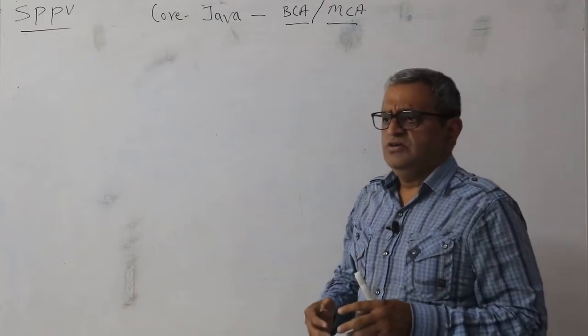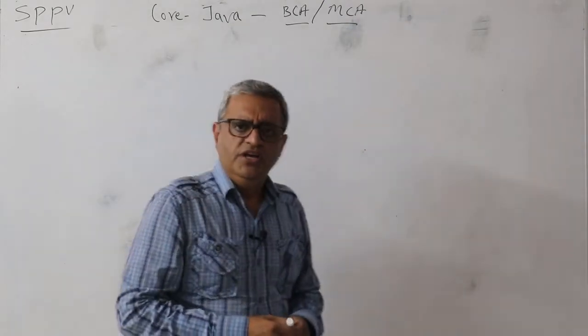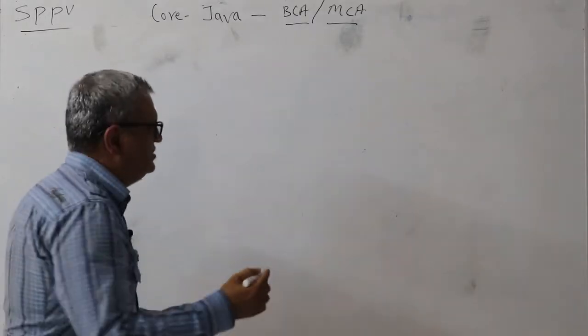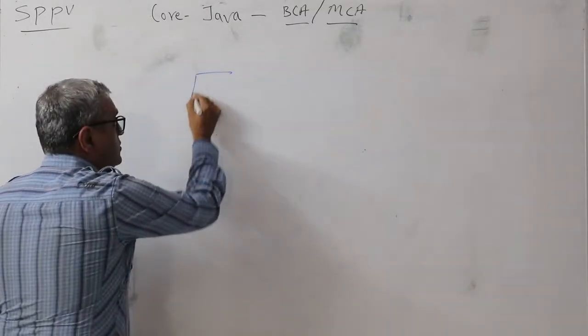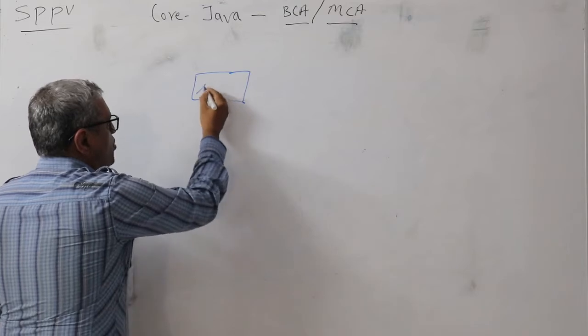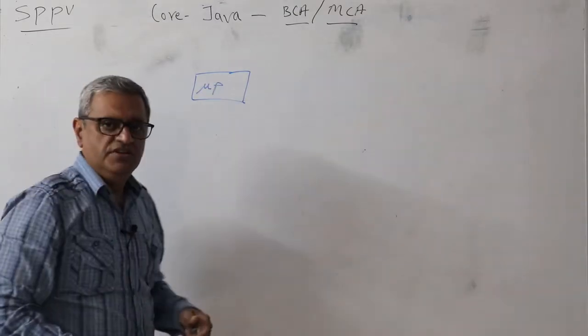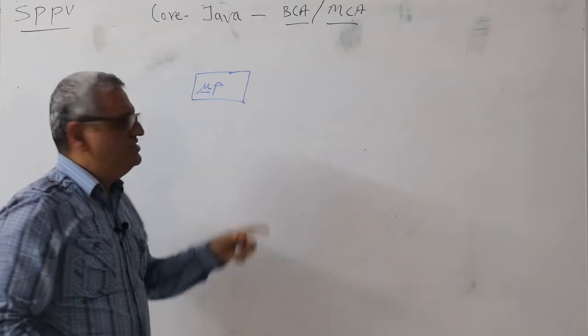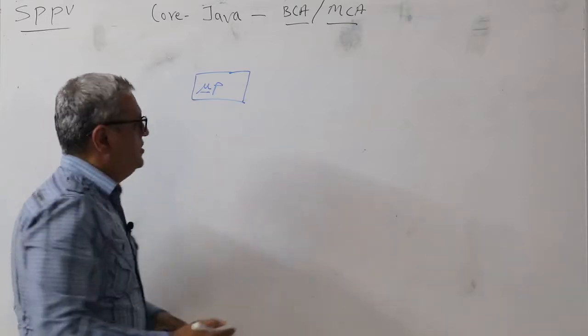So we saw in the previous video that computing environment has basically three major or critical components. One is the microprocessor, which is typically termed as µP.